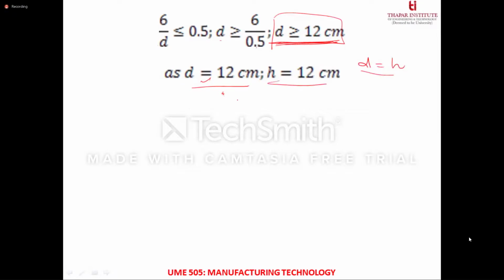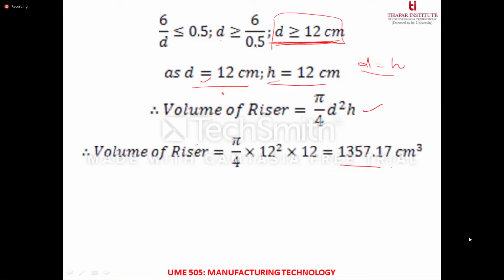So what will be the riser volume, that is, how much volume will be required to compensate for the shrinkage, with the heat balance? So this is the formula. We have D, we have H. So basically what we are going to find out is the actual volume which will be utilized by the riser. And what are the dimensions of the riser? The dimensions of the riser will be this much.